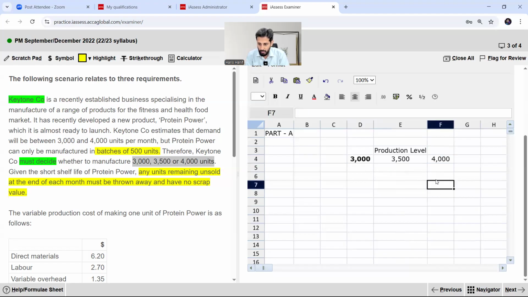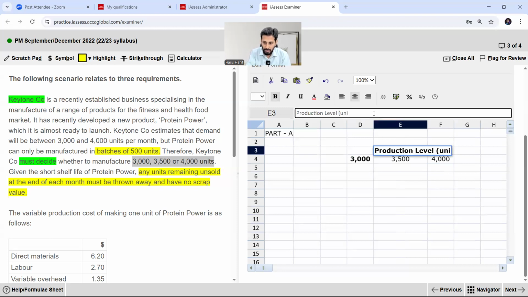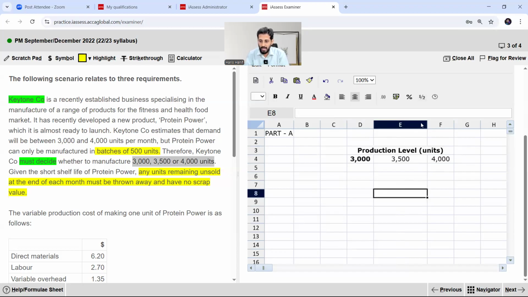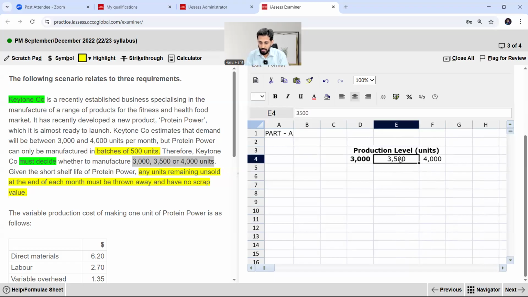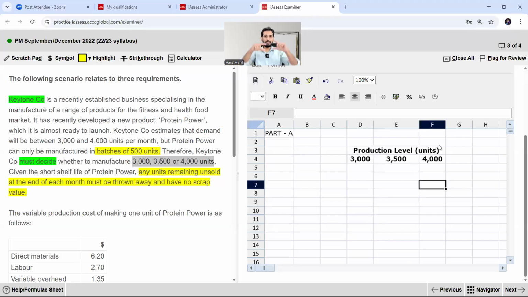So this is my production level in terms of number of units. This is my controllable point.